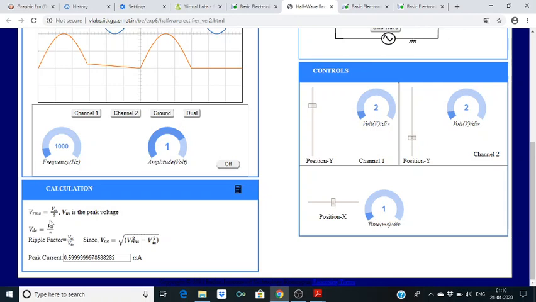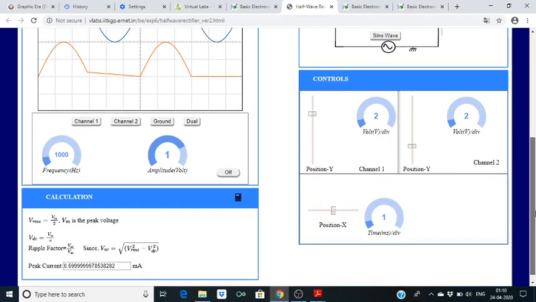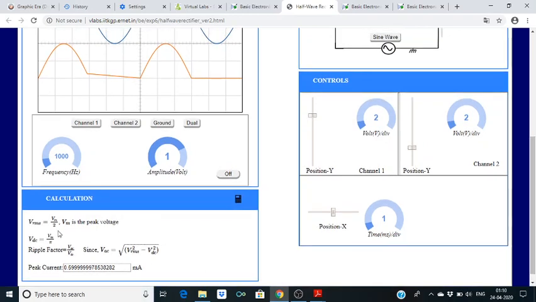First of all you have to calculate Vm, and after calculating Vm you can find VRMS through this formula, VDC through this formula, and then you can find out the ripple factor. It should come around 1.21. Now this is the peak current. All these parameters you can find by using these formulas.